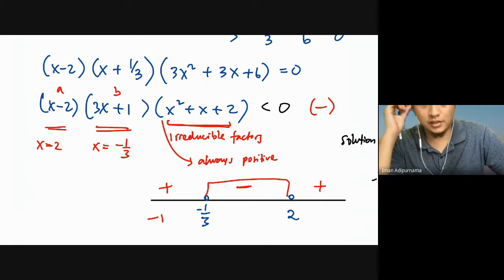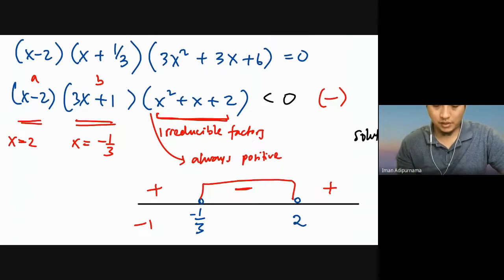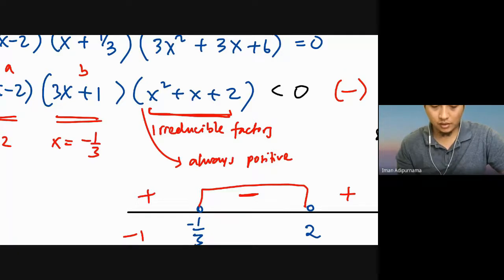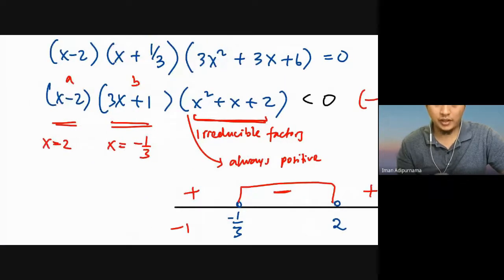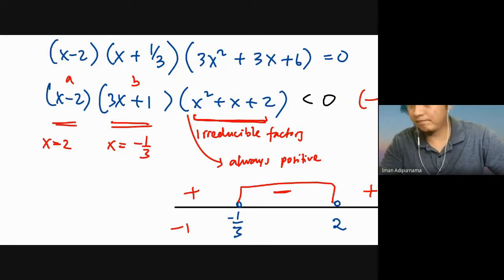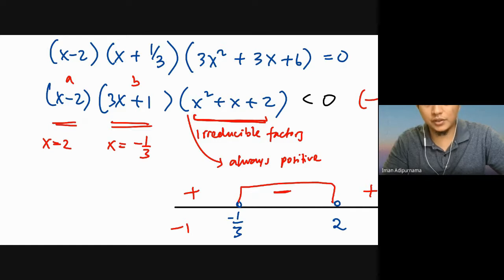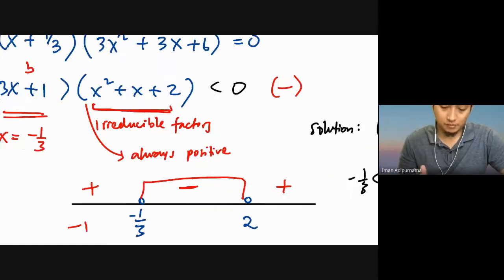Do you know why? Because basically, we only care for the one that makes it negative. And actually, if you have real zeros, those you can use.